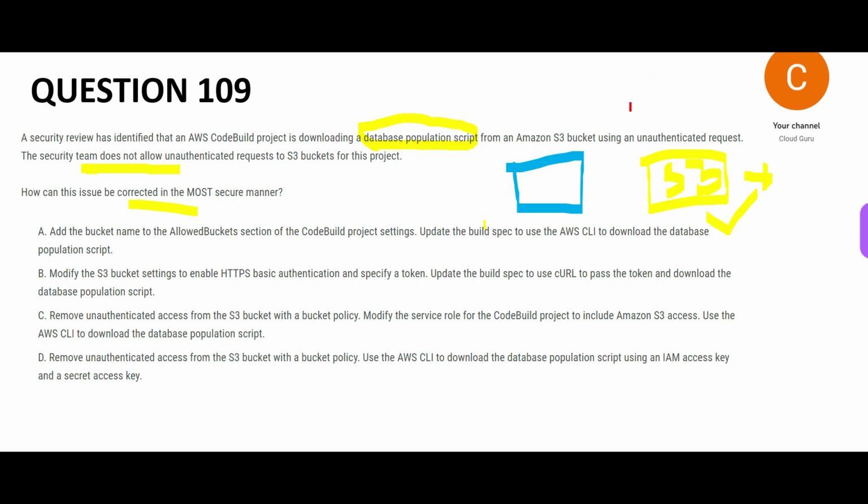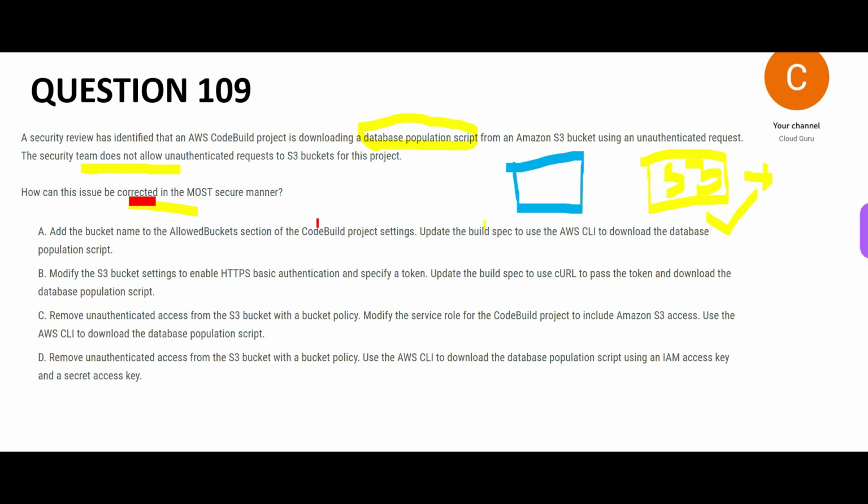First of all, the way this question is framed is a bit incorrect. They are saying, how can this be corrected? I don't think correction is the right word here, because the security guys did the right thing. What they can say is, how can access be provided, because that guy was unauthenticated. Obviously, if you want to provide access, you'll have to set up some authentication guidelines for this guy.